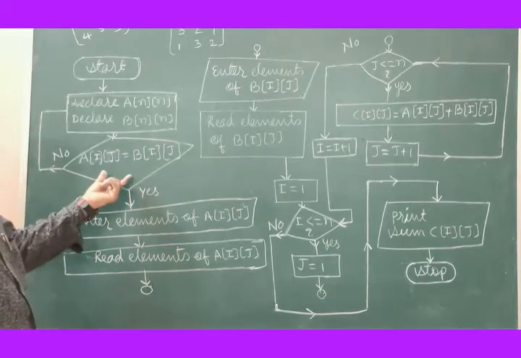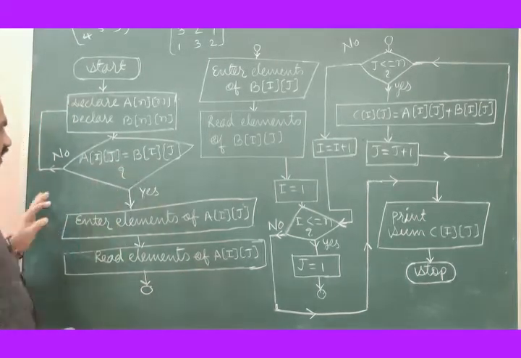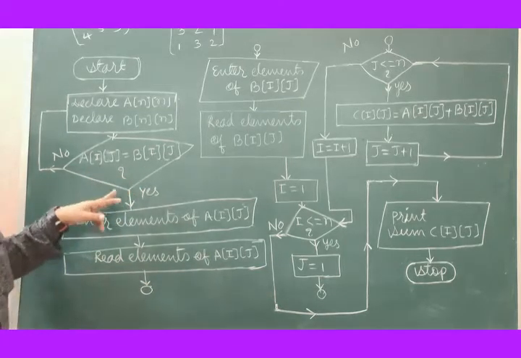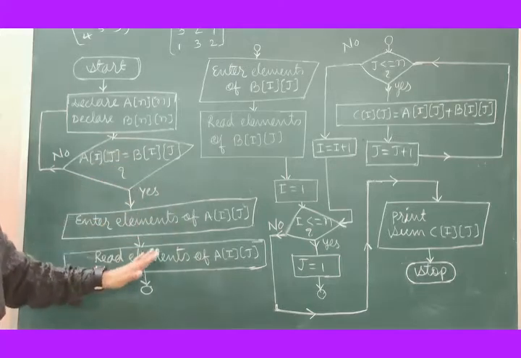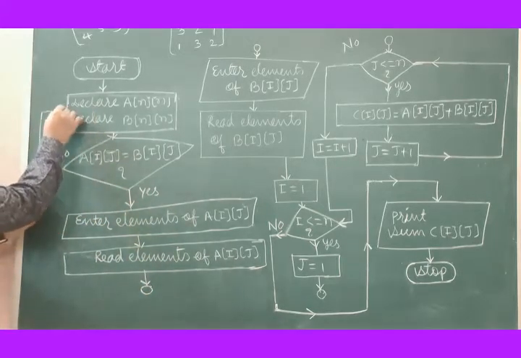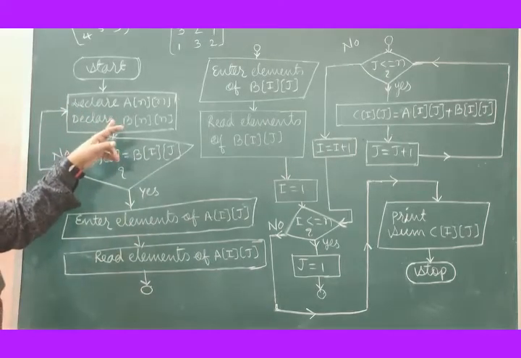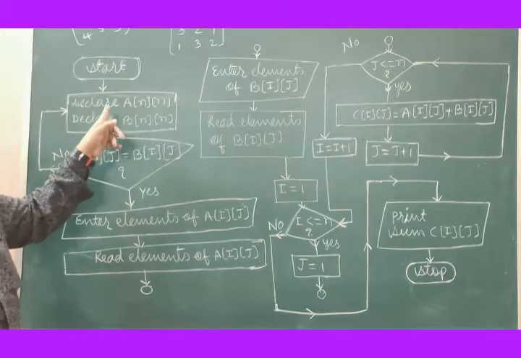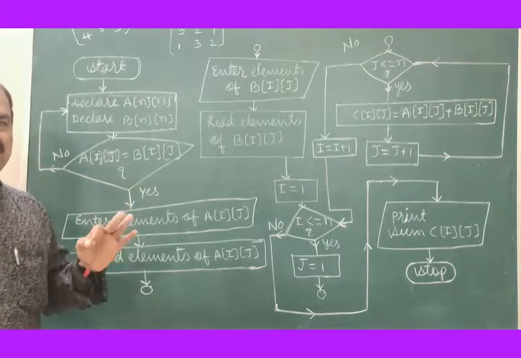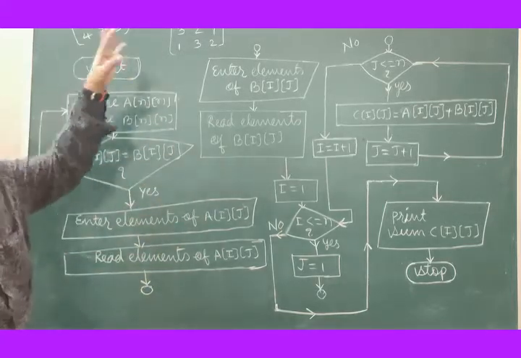Okay. It is verified here. Question mark. Whether dimensions of A is equal to dimensions of B. If answer is yes, go this way. If answer is no, go back to the declaration step and once more redeclare dimensions of A and B such that dimensions of matrix A and B will be same, 3 by 3, 3 by 3, this way.